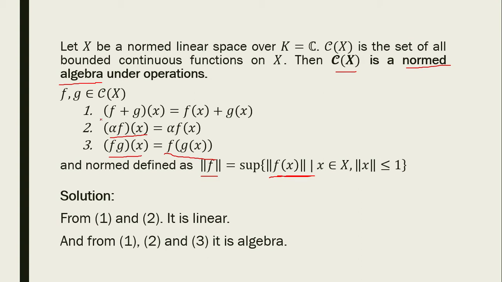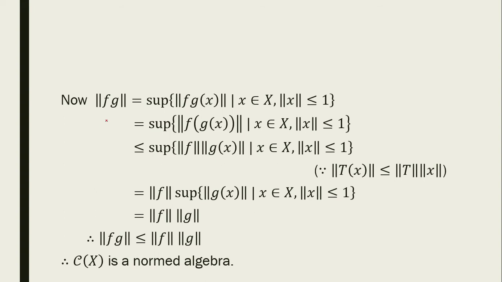Solution. From the first and second conditions, it is linear, and from the first three conditions, we can say script C of X is an algebra. Next, norm F into G is equal to the supremum of norm F into G of X, such that X belongs to X and norm X is less than or equal to 1.